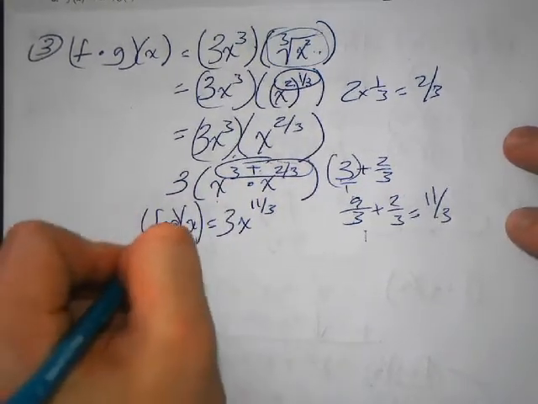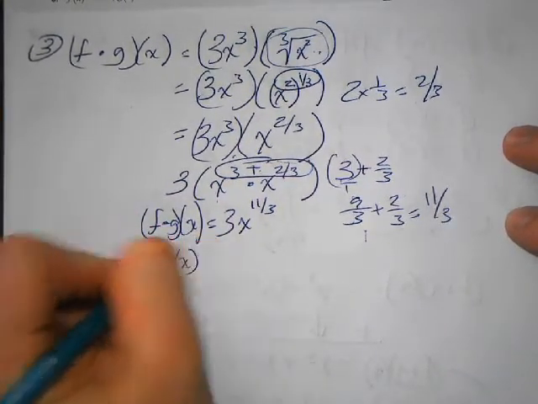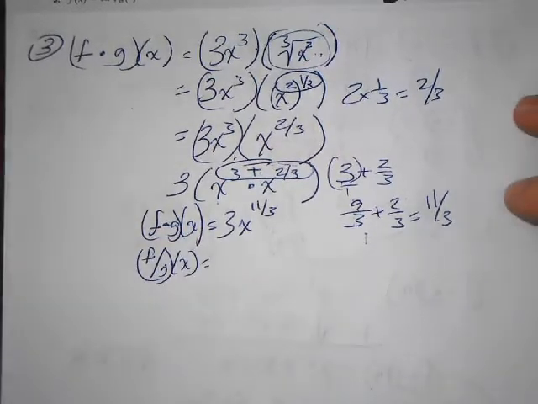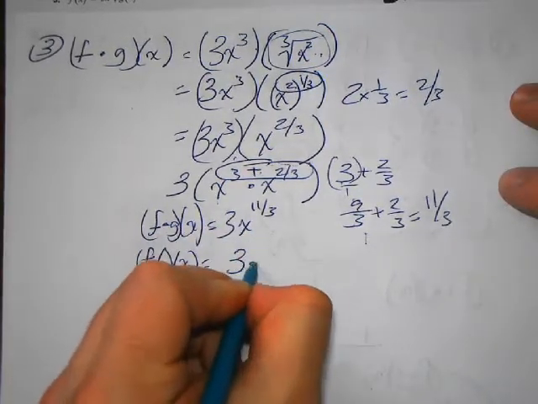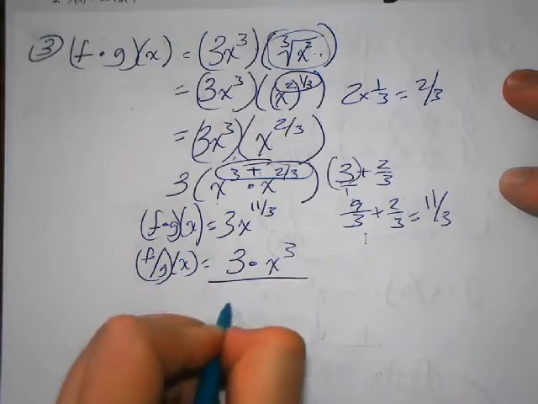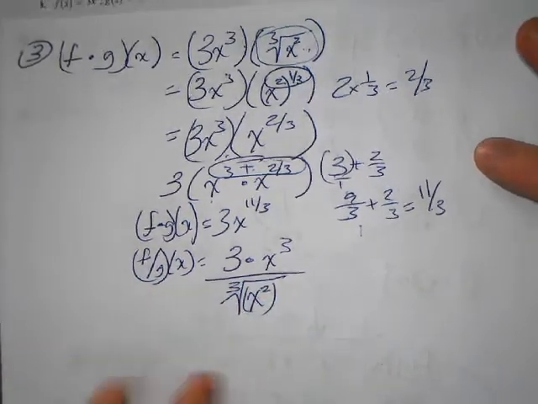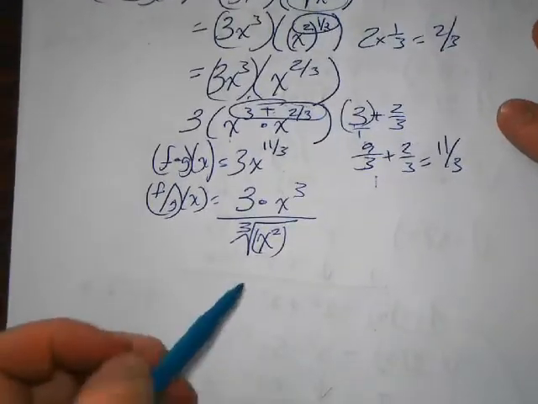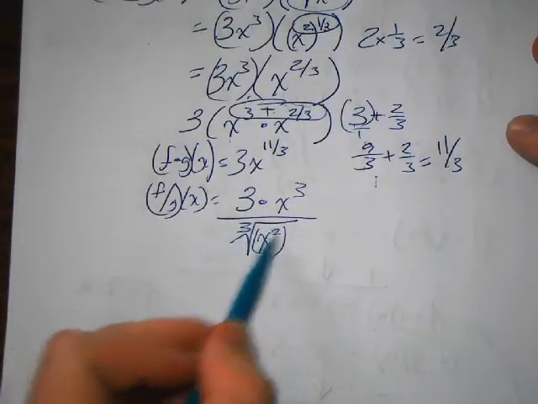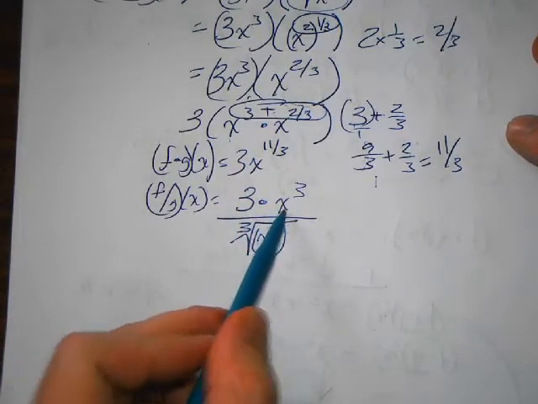Alright, when we go to f divided by g of x, you'll notice that the process is almost identical again. We have 3 times x cubed divided by the cube root of x squared. From here, we're going to get this into a like base. So we're going to have x and x here.